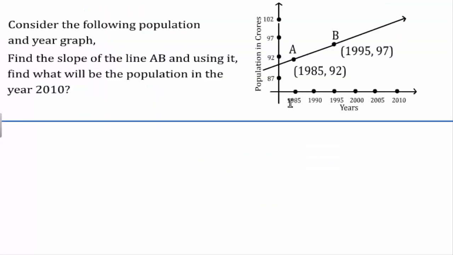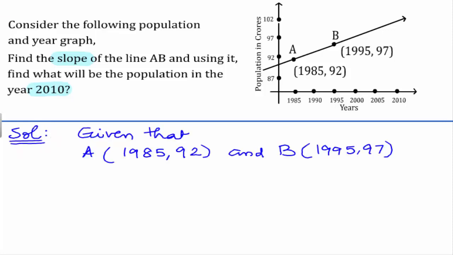In this question, we were given a population graph, and using that we have to find out the slope of the line AB here, and using this graph we need to find out what would be the population in the year 2010. Let us see the solution for this. So given that the 2 points on the graph, A is 1985, 92 and B is 1995, 97, we have to find out the slope of this line.